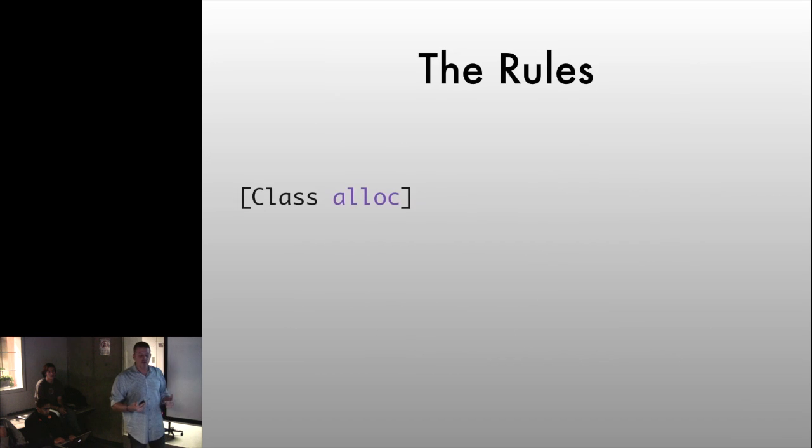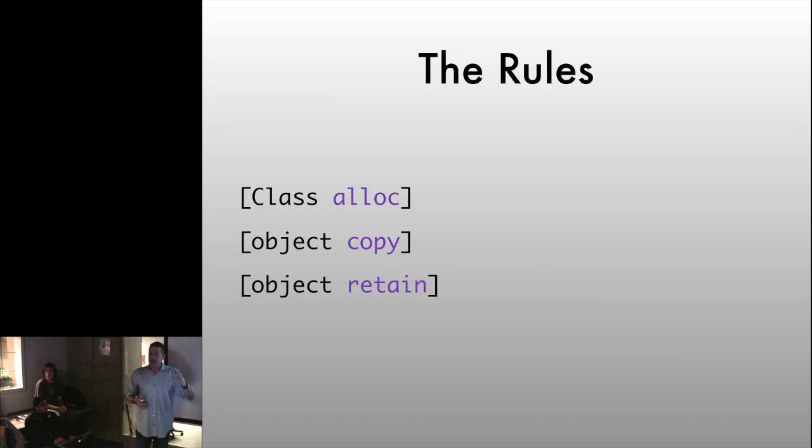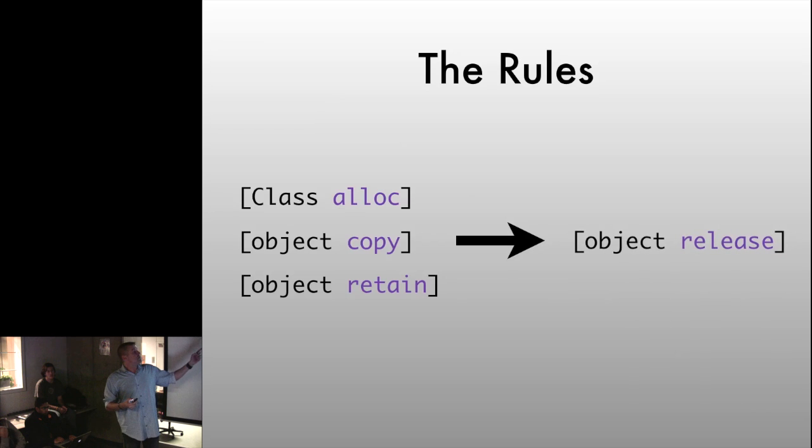So, here are the rules. Alloc: allocate memory, set the reference count to 1. Copy: make a copy of an object's contents, set the reference count to 1. Retain: increase the reference count by 1. Release: decrement the reference count by 1.